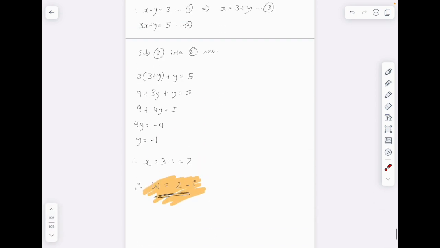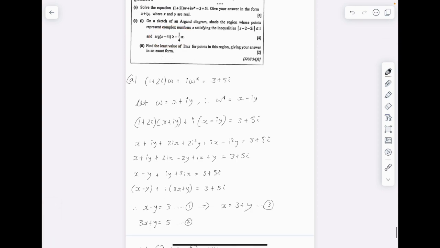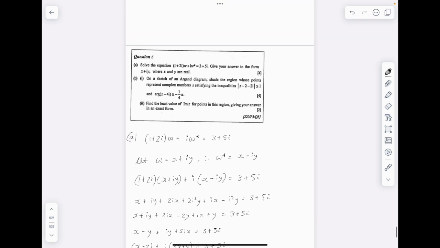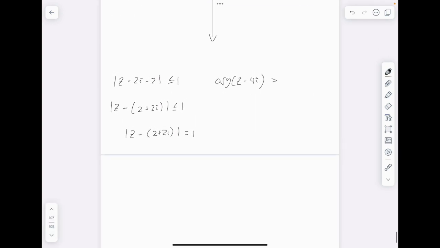That's the first thing. And the second thing here, arg(z minus 4i). What's arg(z minus 4i) doing? Well, arg(z minus 4i) is bigger than or equal to negative pi over 4. Okay, cool.